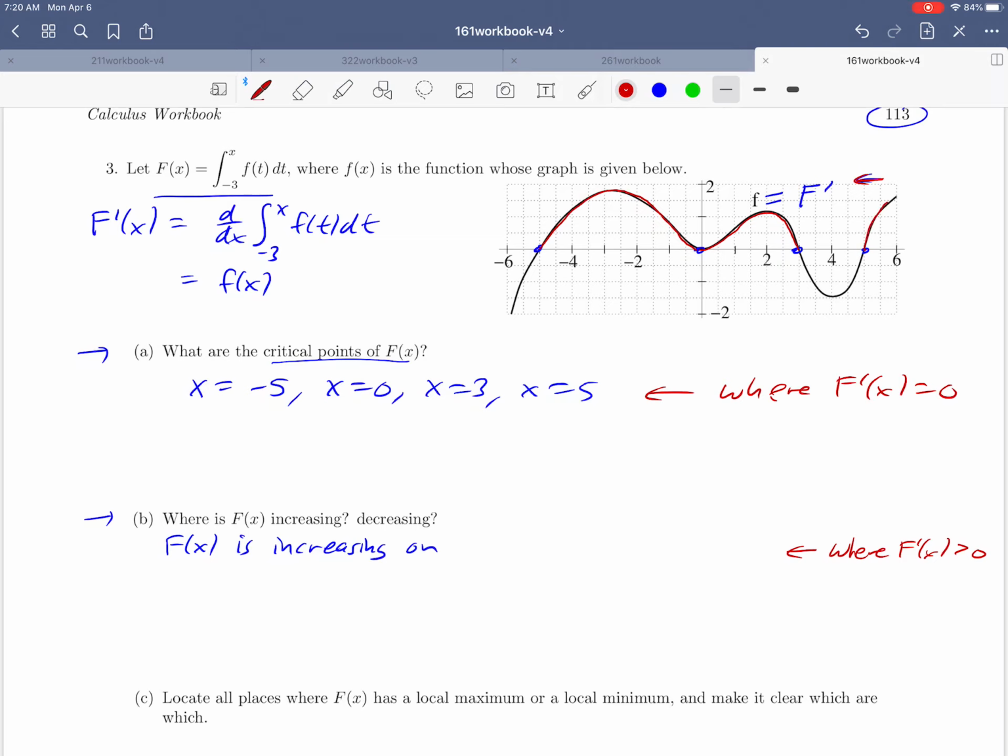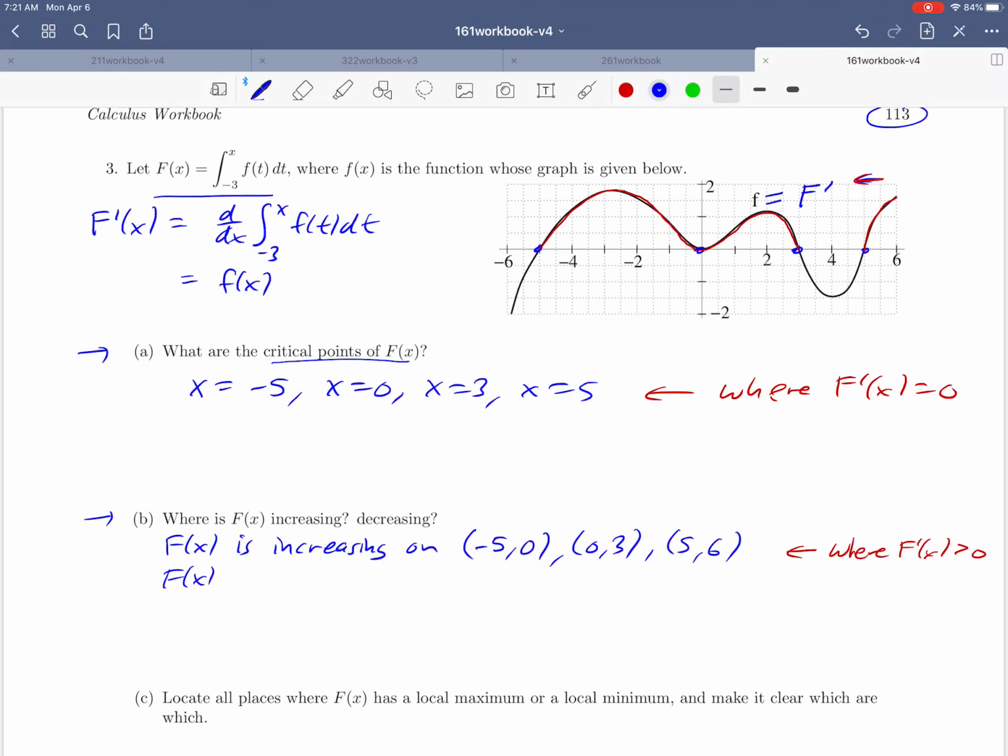And then finally, from 5 to 6. So we've got 3 intervals where that graph is positive, and those should be the intervals where our original function is increasing. So -5 to 0, 0 to 3, and 5 to 6. Those are the places where capital F is increasing.